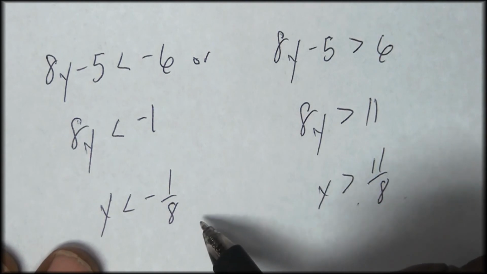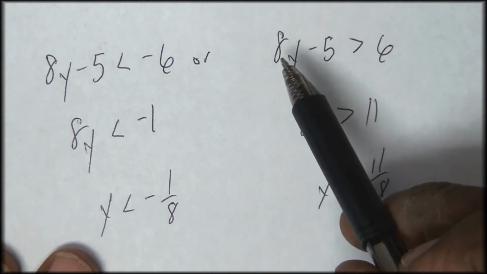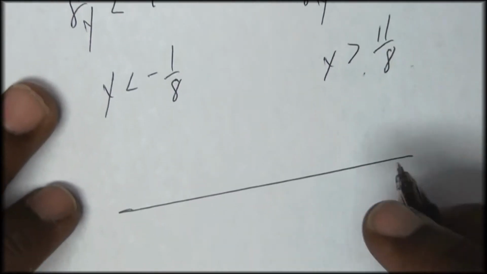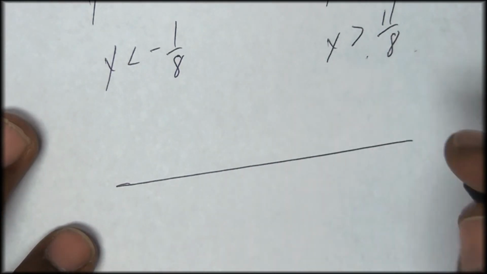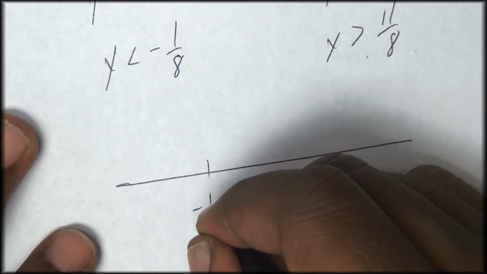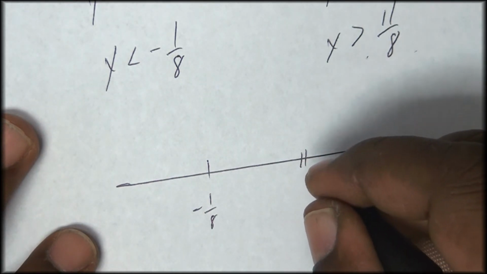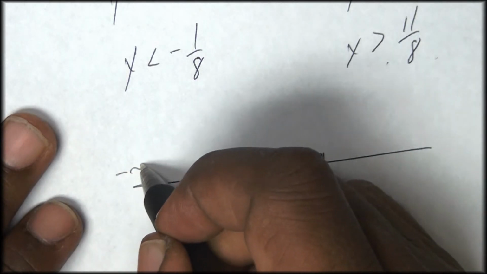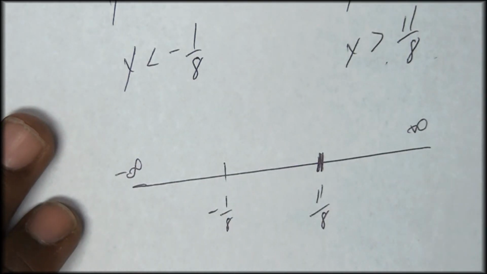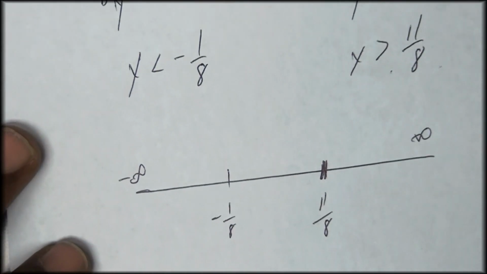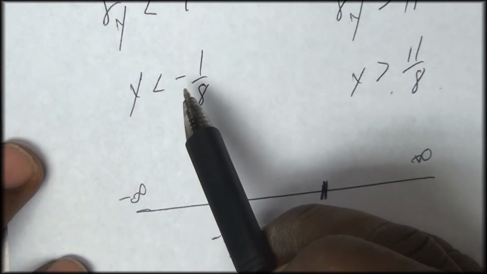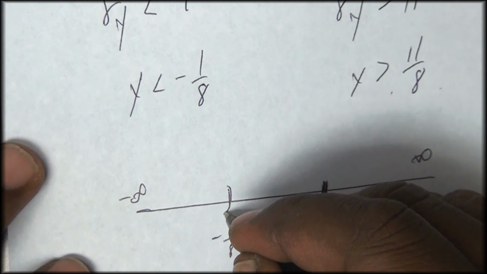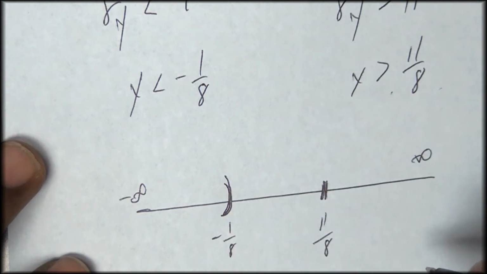So now we'll graph and we'll find the union of sets. So I'll draw a graph. I'll center it at -1/8 and 11/8. We'll put negative infinity to the left, positive infinity to the right. We want all numbers that are less than -1/8. So there's a parenthesis at -1/8 that faces the left.